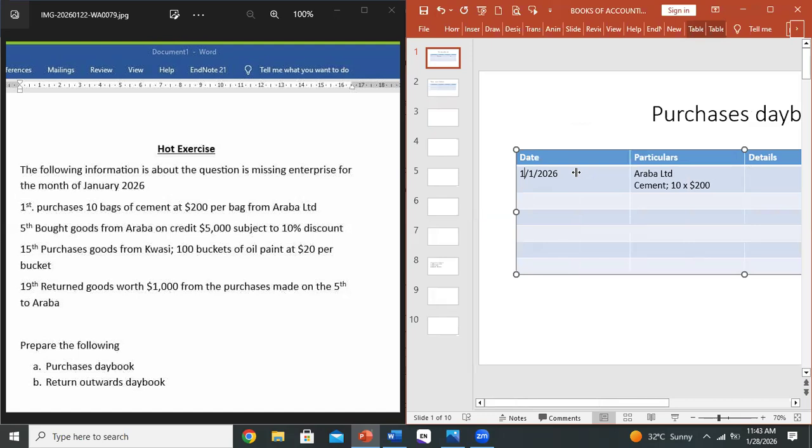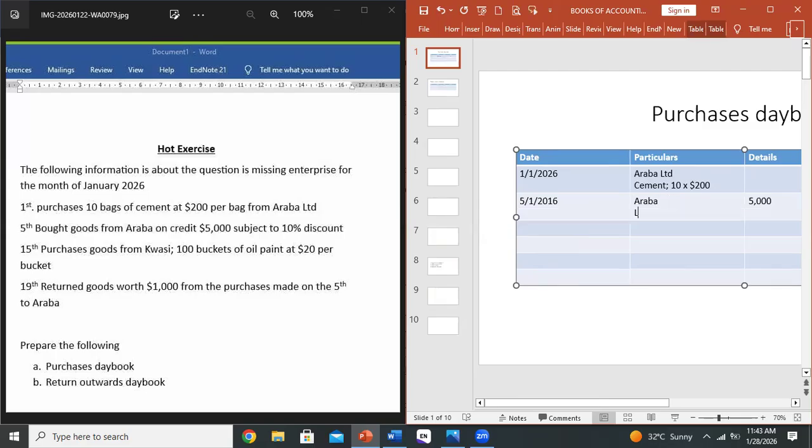On the 5th, bought goods from Araba on credit 5,000 subject to 10% discount. So 5th January 2026, another Araba. This time the description of the item was not given, but we were told that it is subject to 10%. So we need to less the 10% discount.